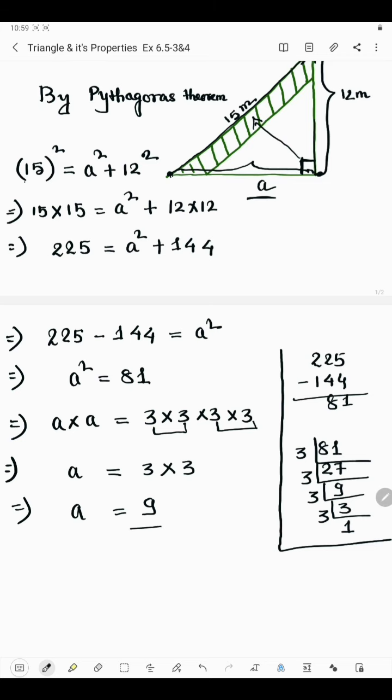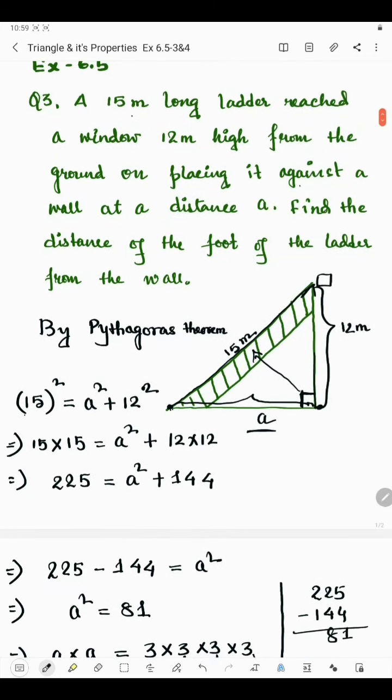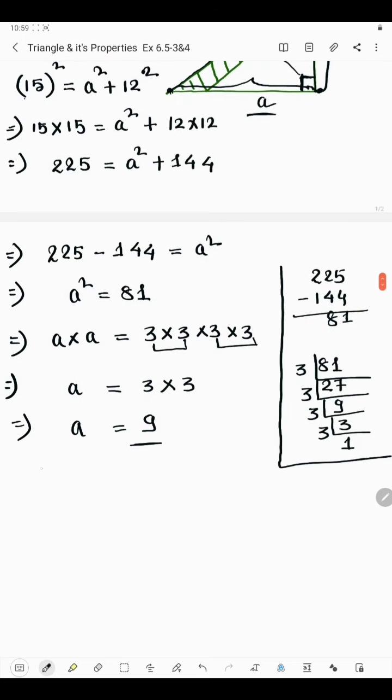So we have got the value of A, which is the distance of the foot of the ladder from the wall, right? This only we had to find. So we'll write the answer.